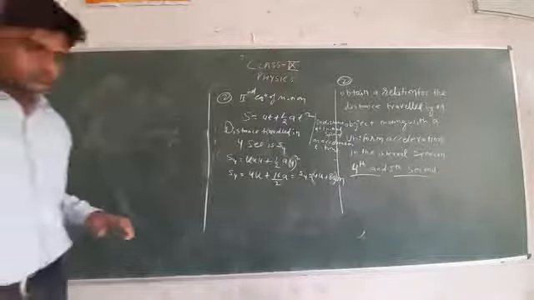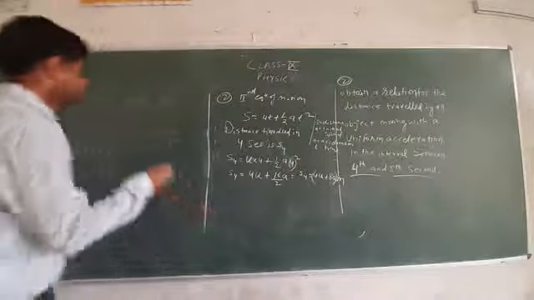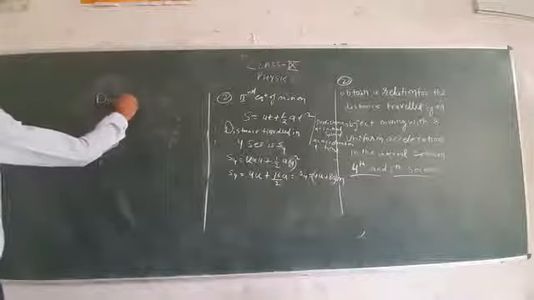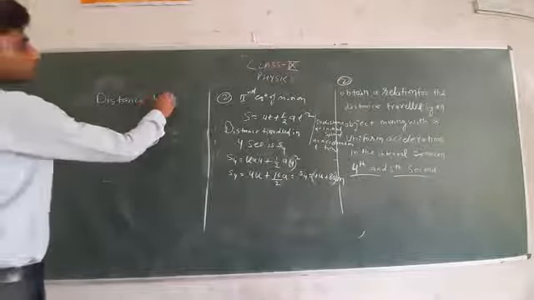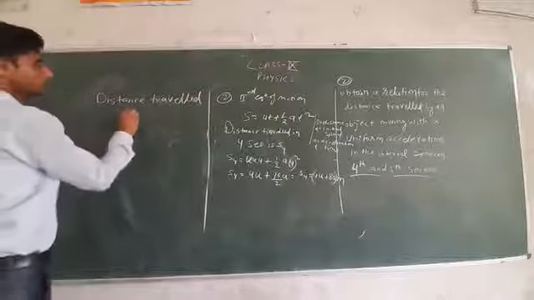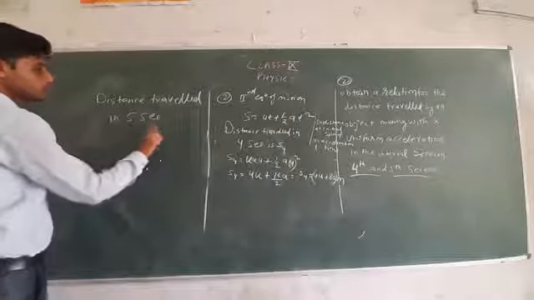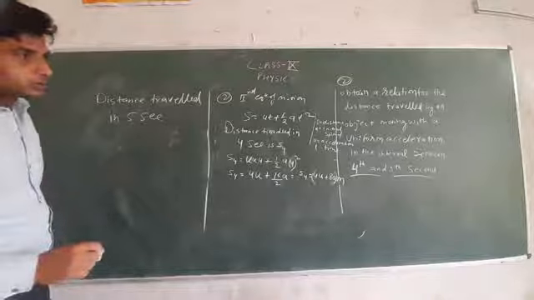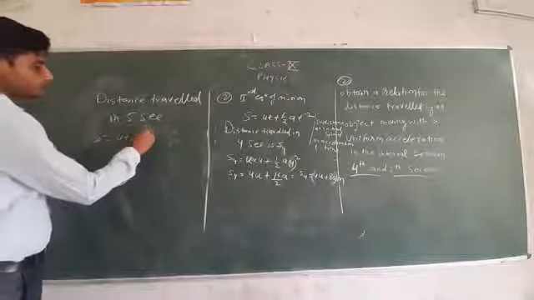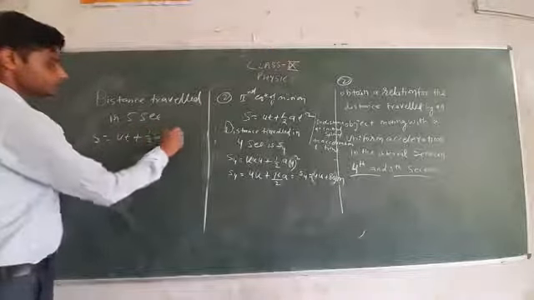Now we have to find the distance traveled in 5 seconds. So S equal to ut plus 1 upon 2 a t square.